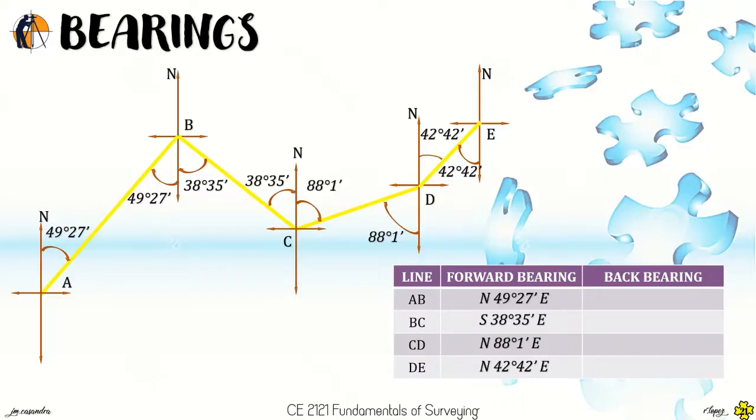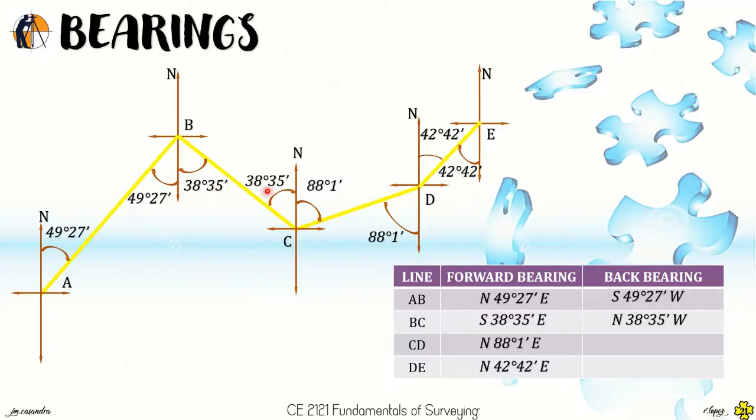The backward bearings will be measured from point E back to point A. So for line AB, we'll have south 49 degrees 27 minutes west.